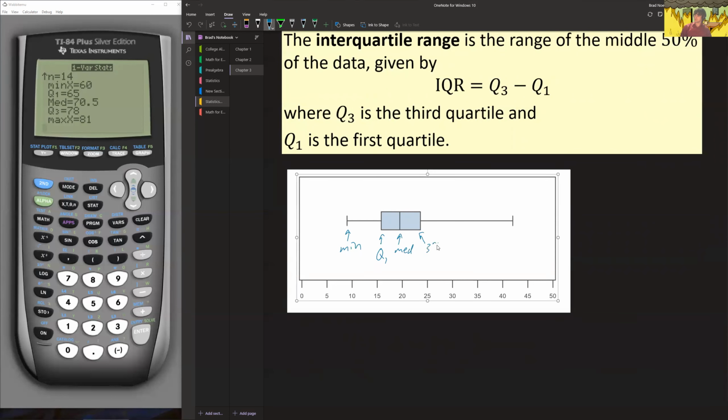This is my third quartile, or Q3 if you prefer. And this here is my max. Now, sometimes you will see a dot in here. If they do put a dot somewhere on there, that is generally the mean, but it's not necessary for it to be shown on a box and whisker plot.